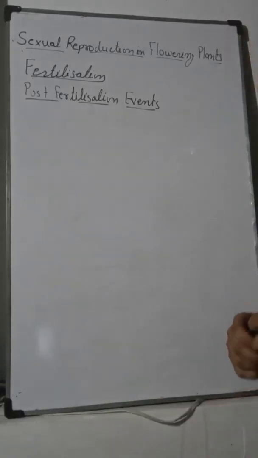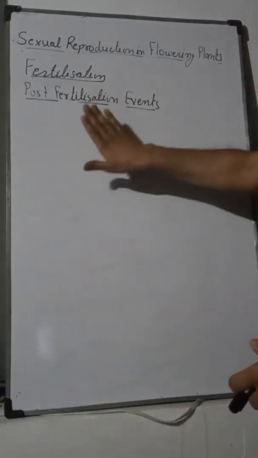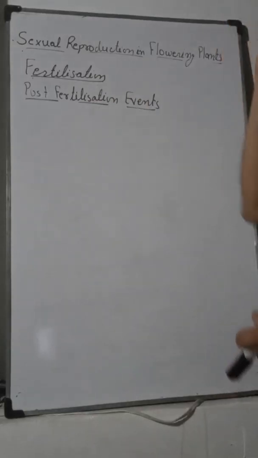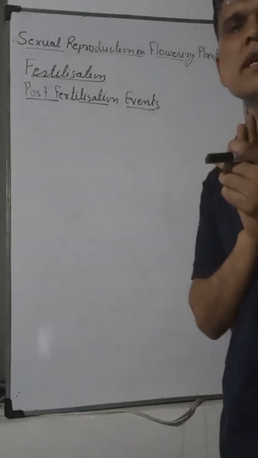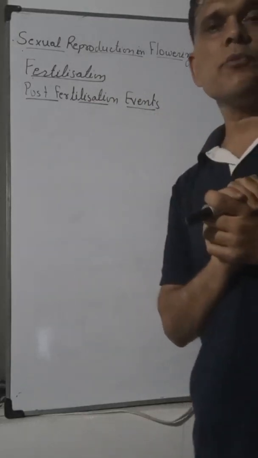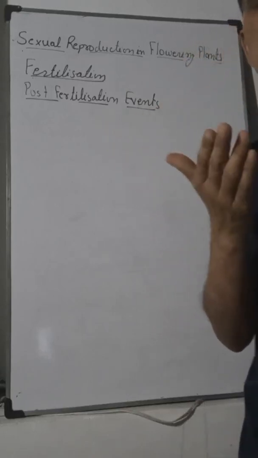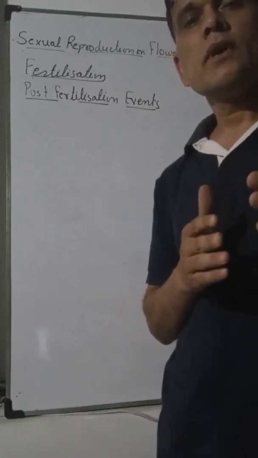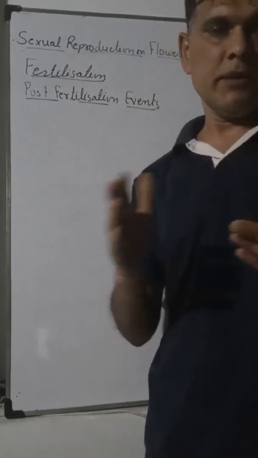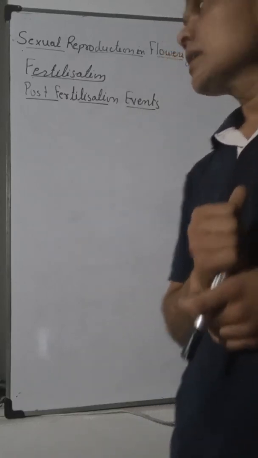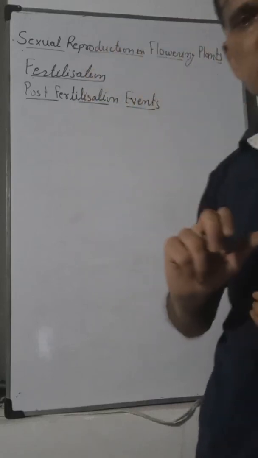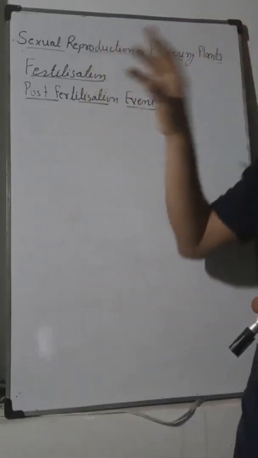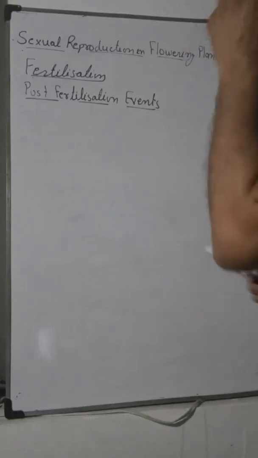The next is post-fertilization events. So three events are there. One is pre-fertilization events, the events which occur before fertilization, that is the formation of gametes and transfer of gametes. Then the second event is fertilization, and the third is post-fertilization events.